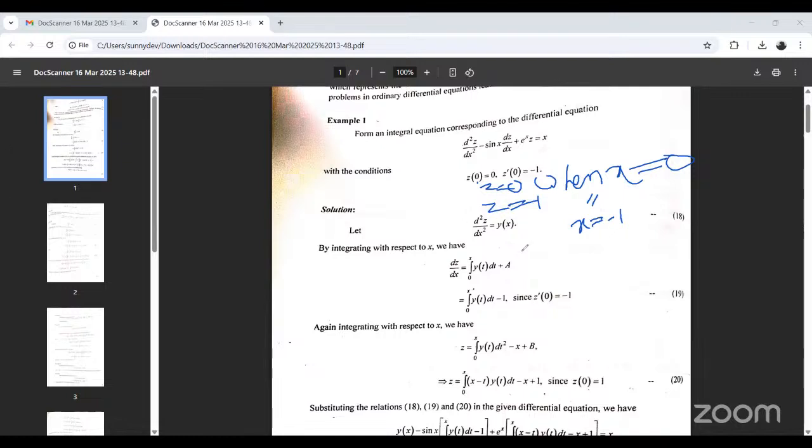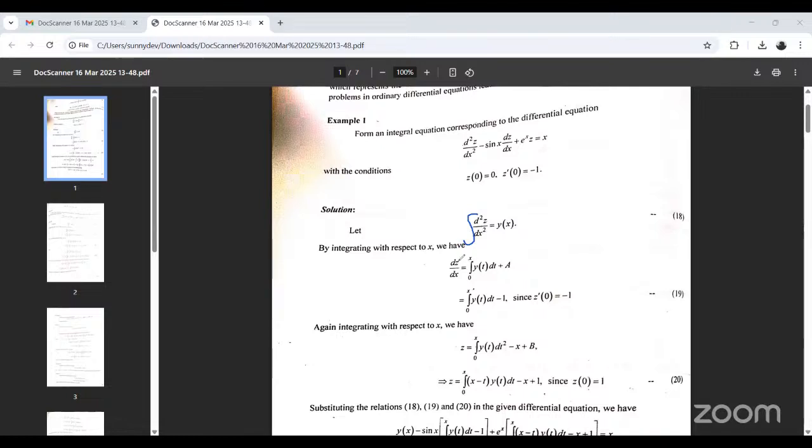Now see here, d square z by dx square equal to y of x. By integrating with respect to x, the integration and derivative cancel.